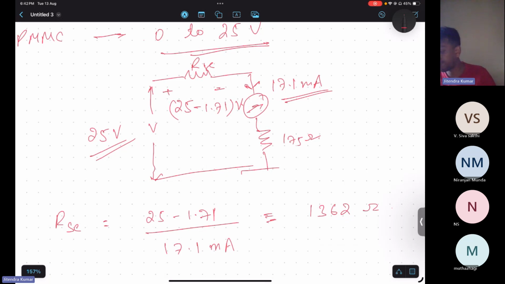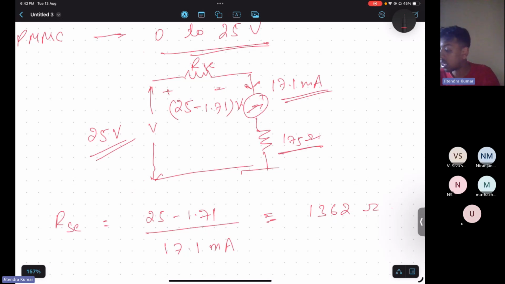Right. So now, did you get the error? Where was the mistake committed from my side? I took 100 ohm instead of 175 ohm. That is why errors were coming.